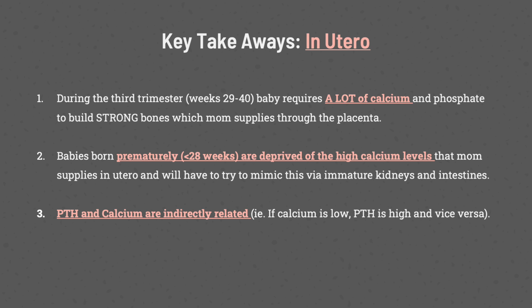And then two, if baby is born prematurely, so before that third trimester, roughly less than 28 weeks, they're going to be deprived of that hypercalcemic environment, and they're going to have to try to mimic that through immature kidneys and intestines outside of mom. And then three, PTH and calcium are indirectly related. So if, for example, calcium is low, PTH is going to be high, and vice versa.